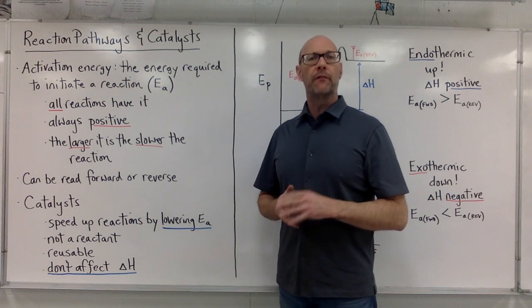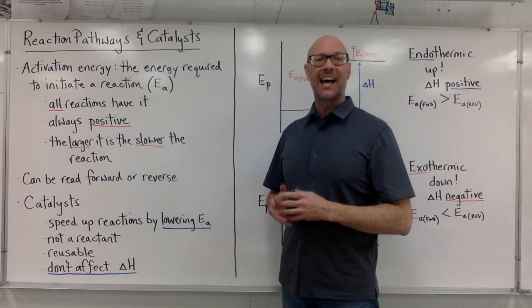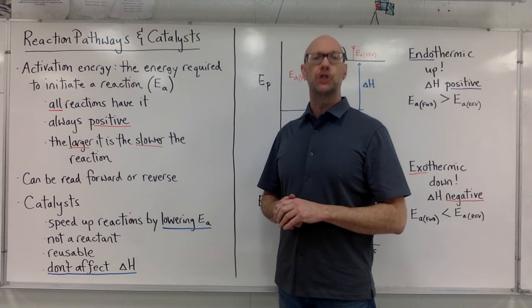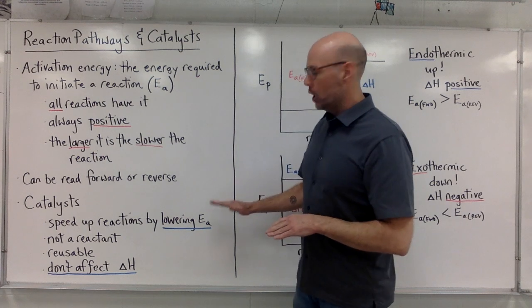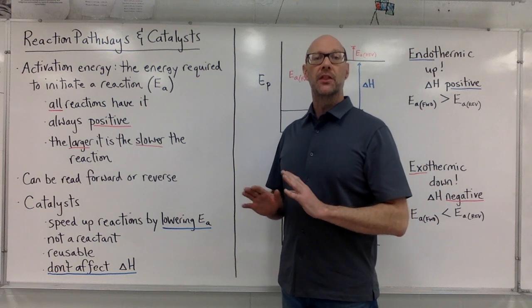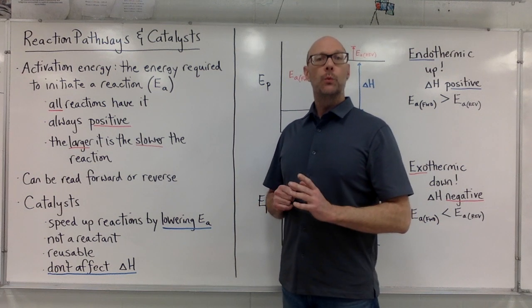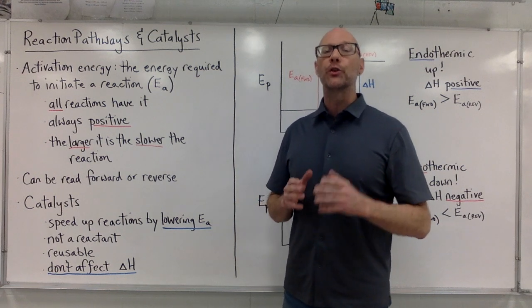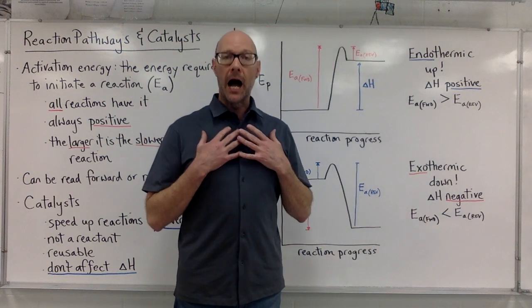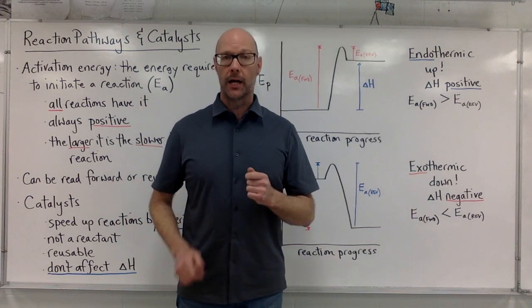An extra important final point to highlight is that catalysts do not affect the overall enthalpy change. They only reduce the activation energy without affecting the delta H. We say that they provide an alternate pathway for the reaction to follow. I like to think of it as a shortcut.